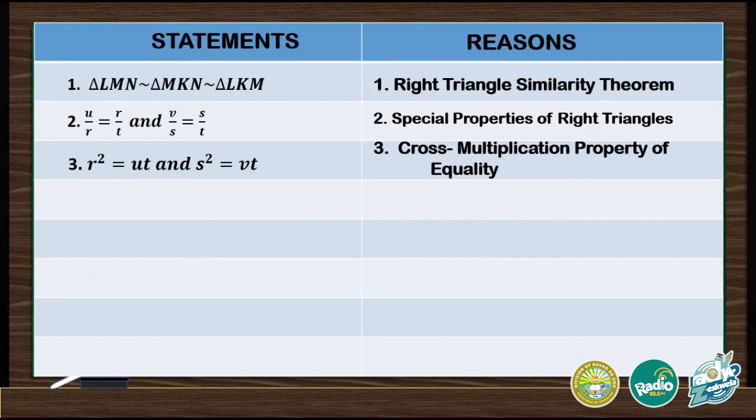Correct! R squared plus S squared equals UT plus S squared. The reason for that is addition property of equality.